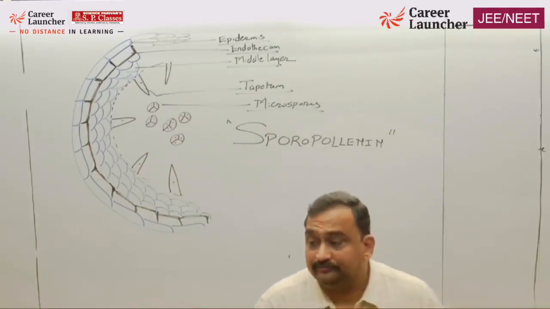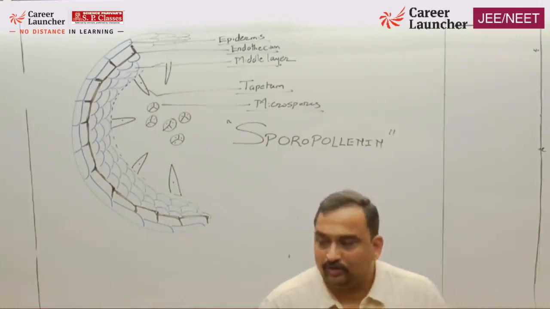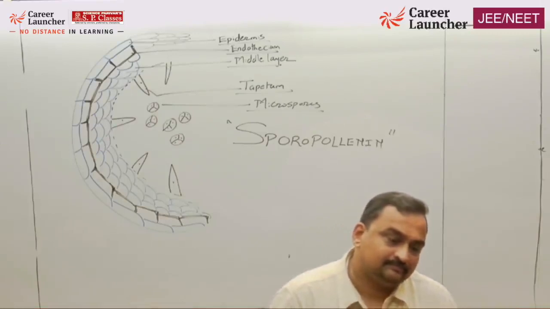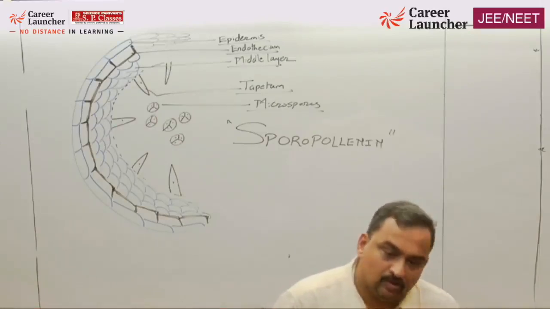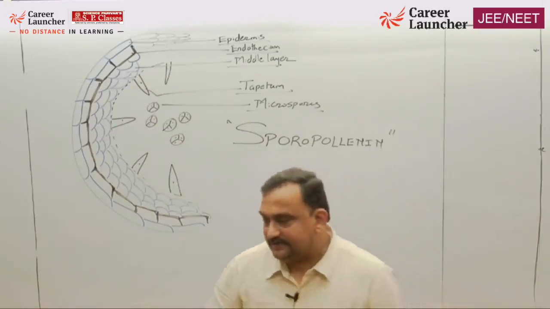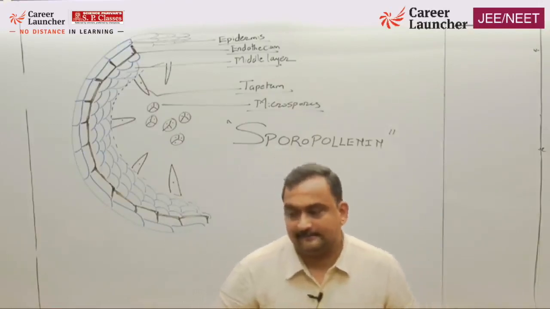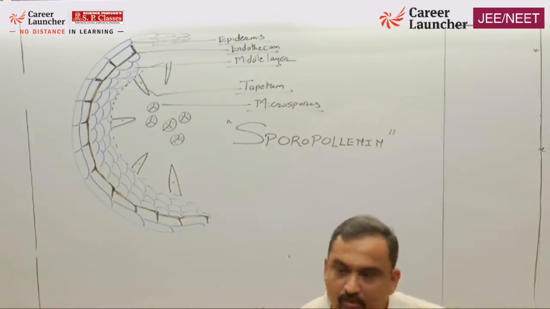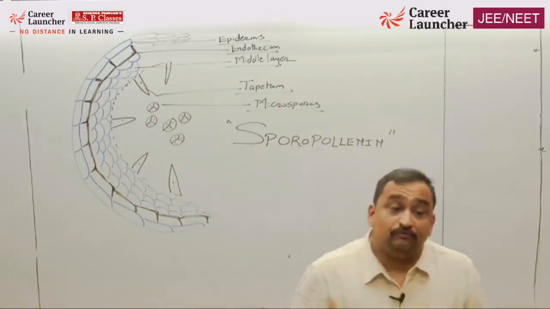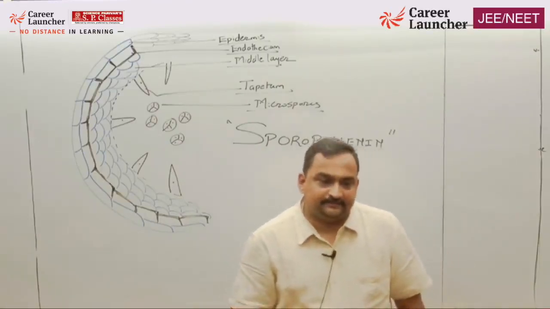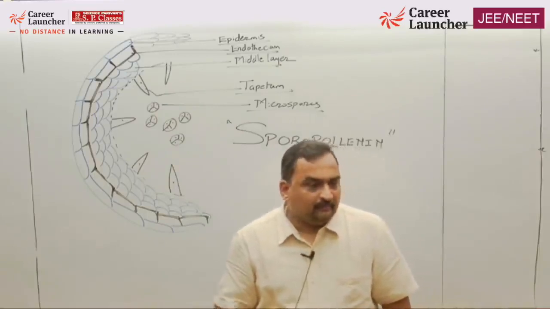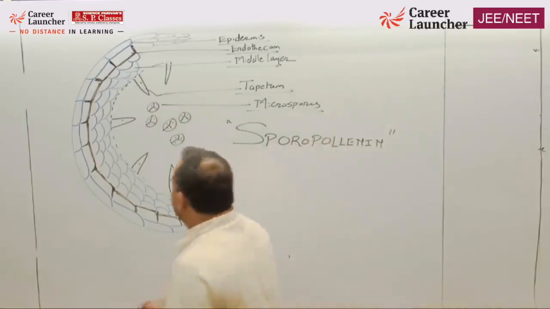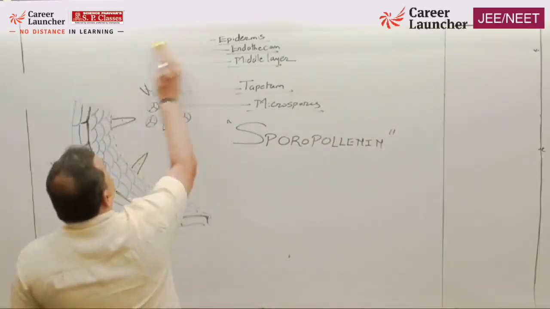To form microspores, or pollen grains. Okay. Now we'll look at the process of microsporogenesis. How microsporogenesis occurs, we will see now. Please look here.